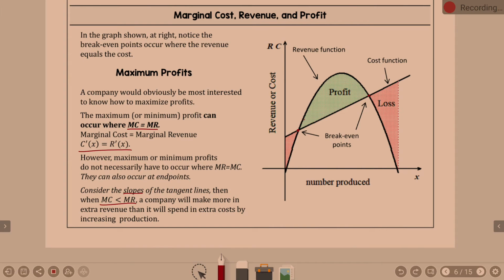I feel like it's not going to happen until more like up there. That is when the slope's going to change. Because that's always going to be a positive slope, whereas over here, we're going to start getting a negative slope. Okay? So it's going to be almost up at that point before you change over from where marginal cost is no longer less than marginal revenue. Okay?